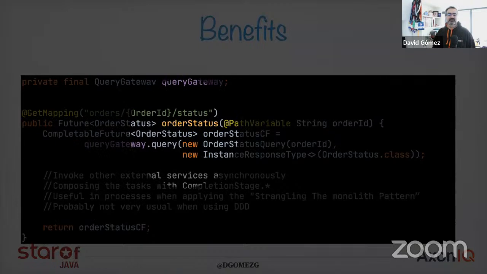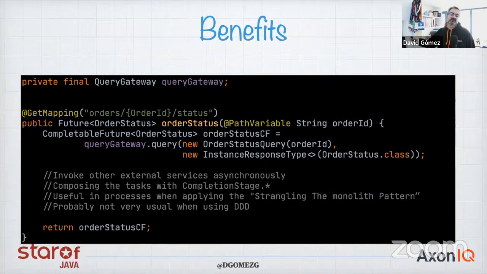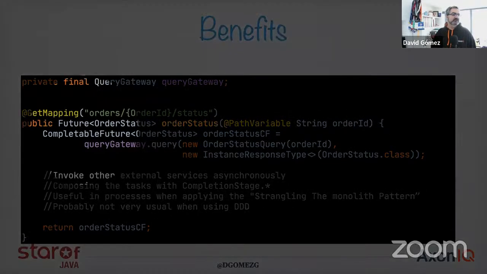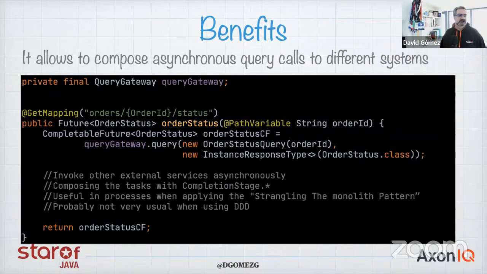And the funny thing is that they could either use this to concatenate different queries that should be sent to different messages, which is not a usual case if you are doing DDD properly, but also you can return the future in the Spring Boot REST controller. And that means that Spring Boot is going to be able to manage Tomcat connections much better.